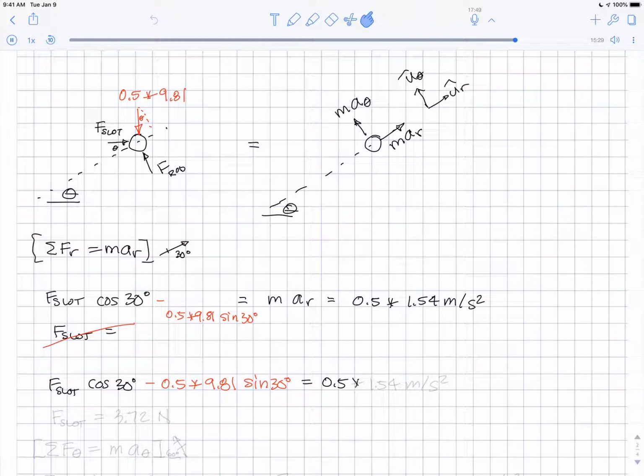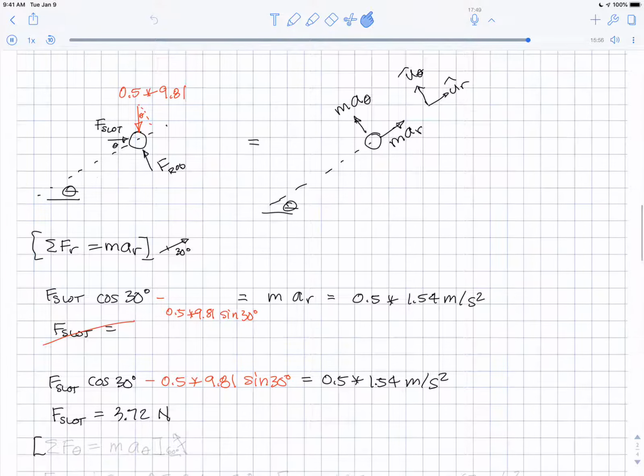This equals 0.5 times 1.54 meters per second squared. That will significantly change it. Now the force in the slot is 3.72 newtons, which is correct. Now we can continue, see if we can fit this on the page.